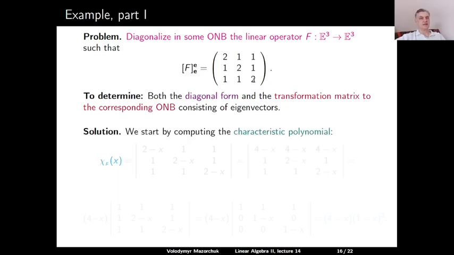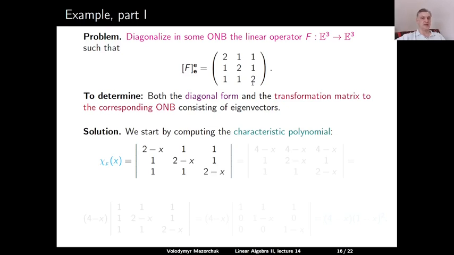Solution. Let us start, as usual, by computing the characteristic polynomial. So we take the matrix of our linear operator, subtract x on the main diagonal, and we compute the determinant of this matrix. We can observe that the sum of elements in each column is the same. So 2 plus 1 plus 1 is 4, 1 plus 2 plus 1 is 4, 1 plus 1 plus 2 is 4.